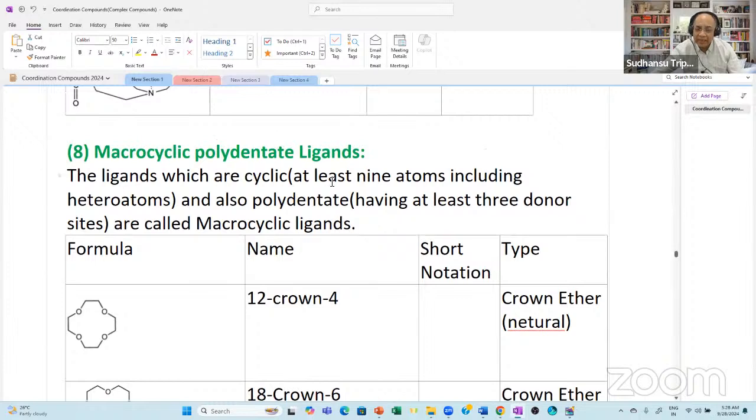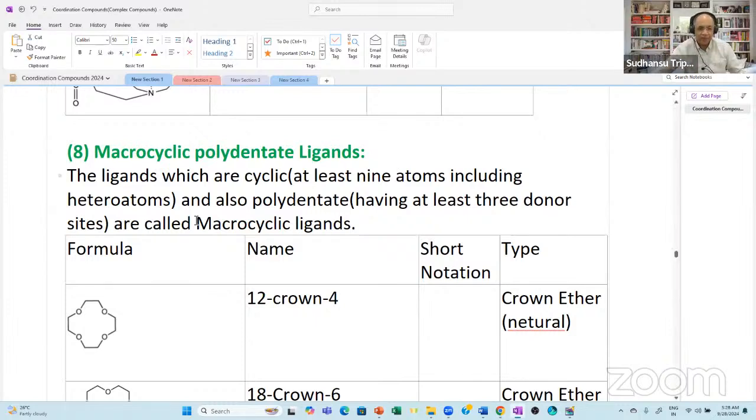Macrocyclic ligands, by definition, contain at least 9 atoms, including the heteroatoms, and the denticity will be at least 3. Then only we regard it as a macrocyclic ligand. Later on, we shall see how this ligand has a profound effect in stabilizing the complex. That's called the macrocyclic effect.